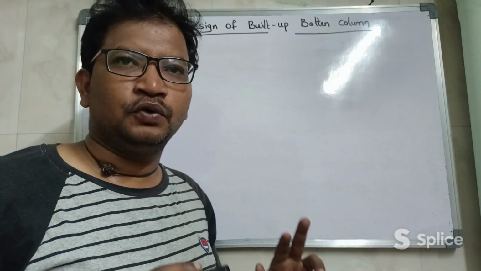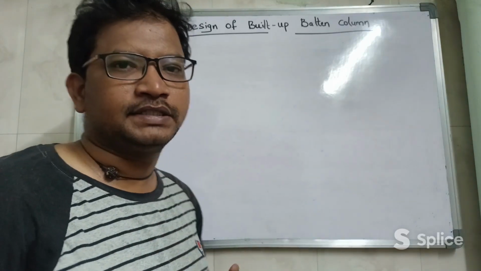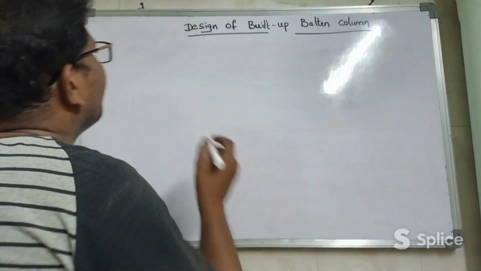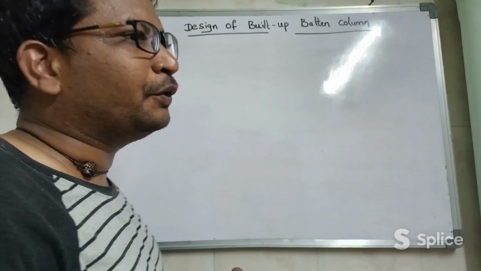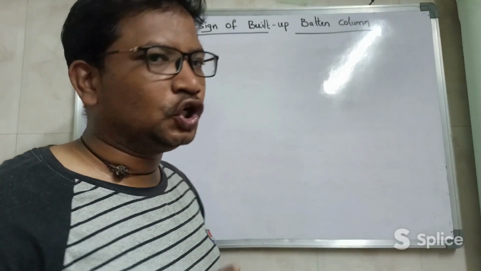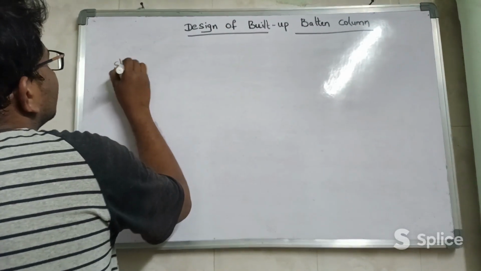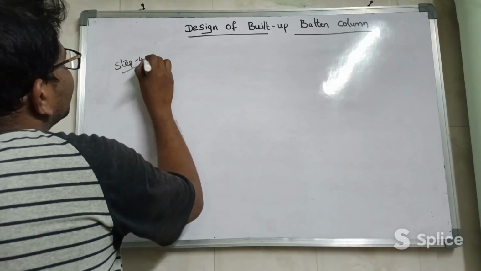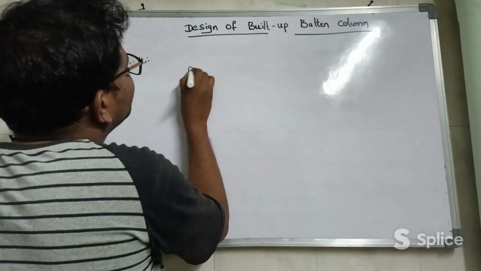Once you selected the sections from IS handbook number 1, you need to compute the effective slenderness ratio in step number 4.